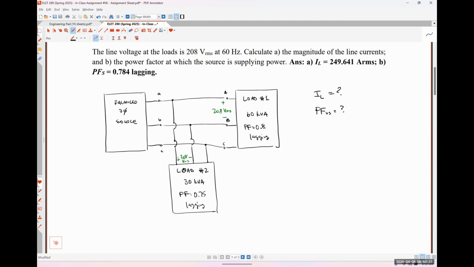So we're just trying to find IL and power factor. We are going to do this pretty similarly to how we approached problems where we were only given load characteristics when we were dealing with a single phase system. So what did we do then? We calculated the complex powers and then used that to do essentially everything else, right?